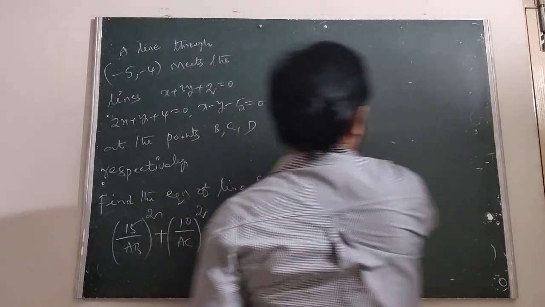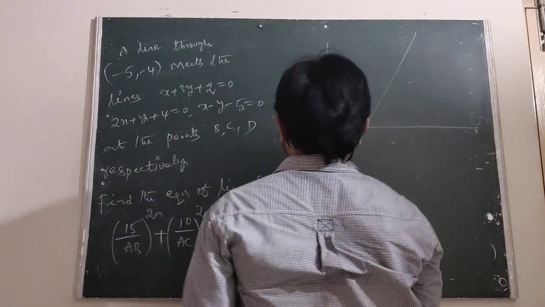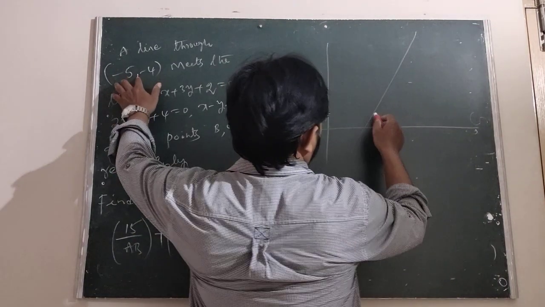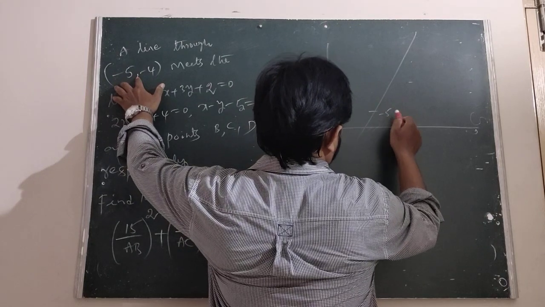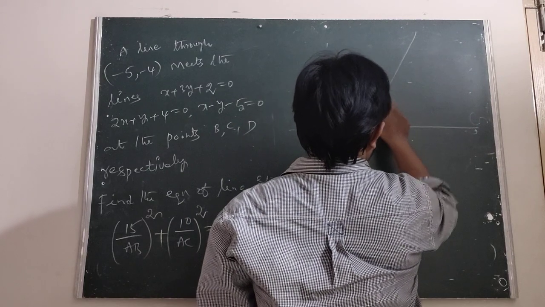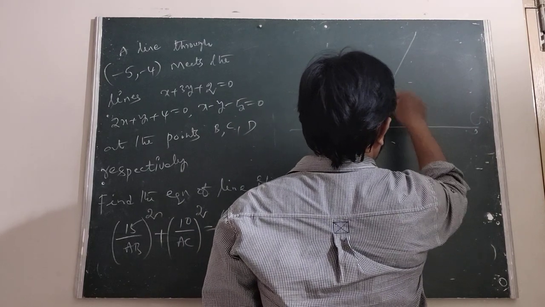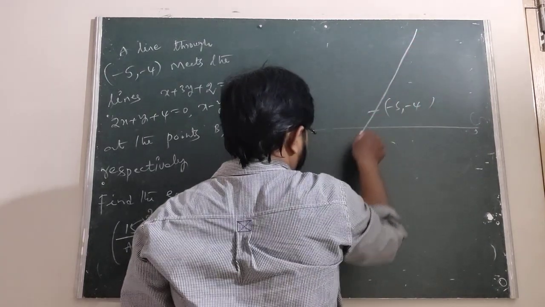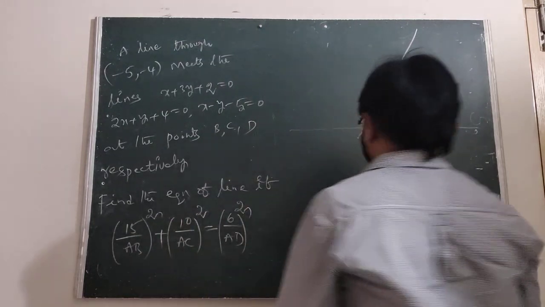Suppose this is the line through the point minus 5 comma 4, making an angle theta.